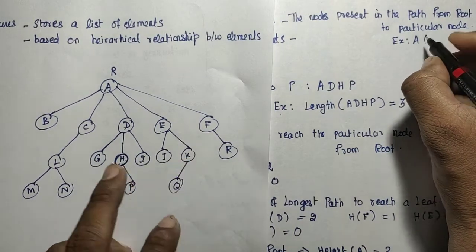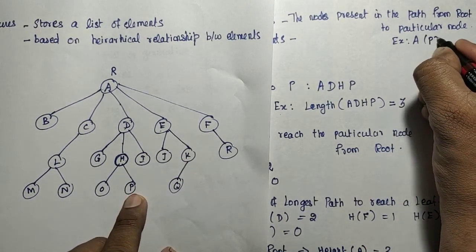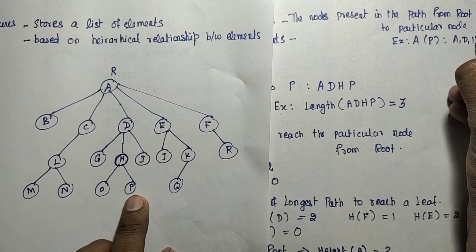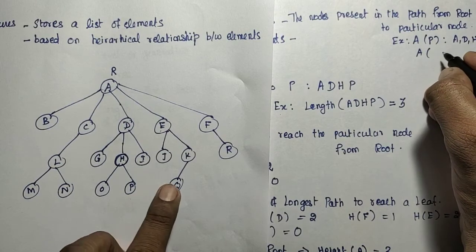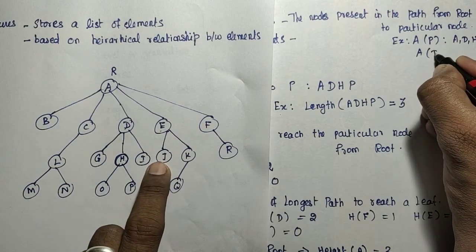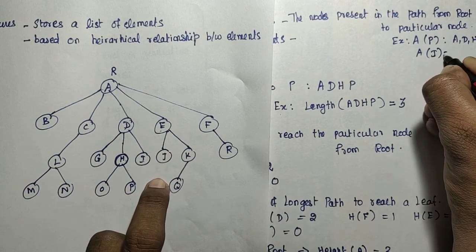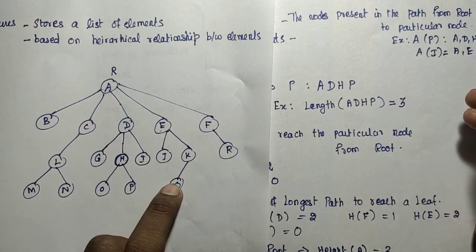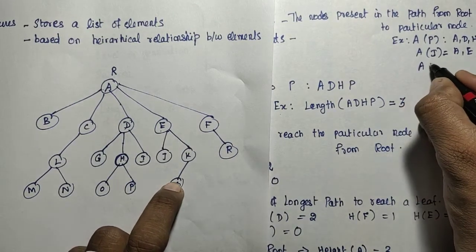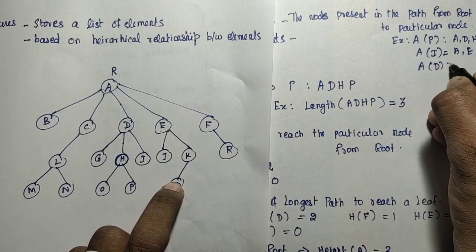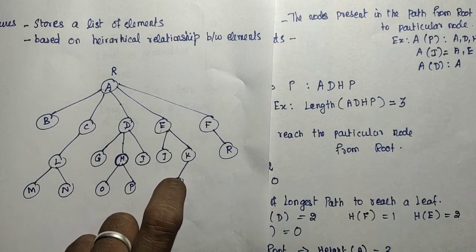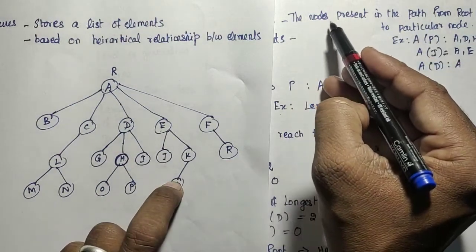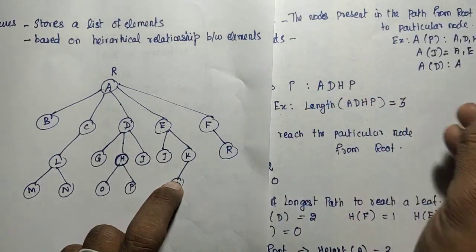Ancestors of P are A, D, H. Ancestors of the J are A and E. Ancestor of D is only A. Okay. So the ancestor of a particular node is nothing but all the nodes which are present in that path from the root to that particular node.